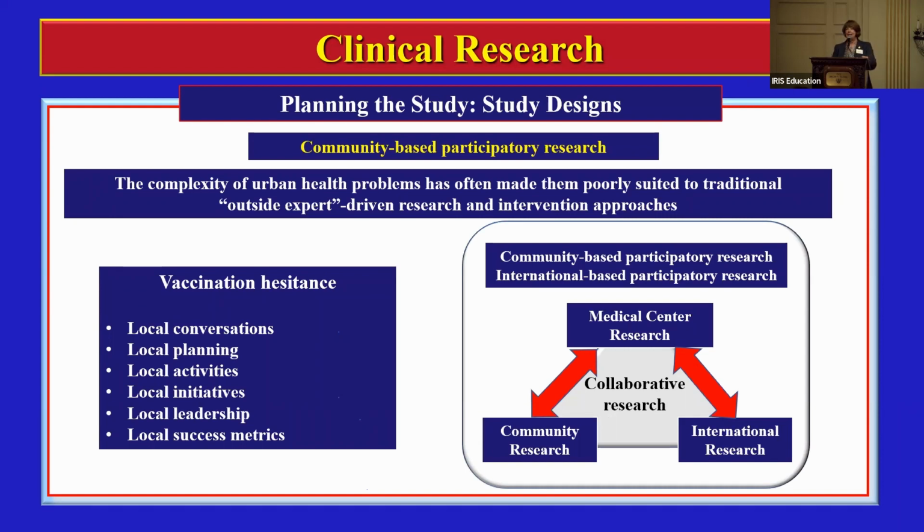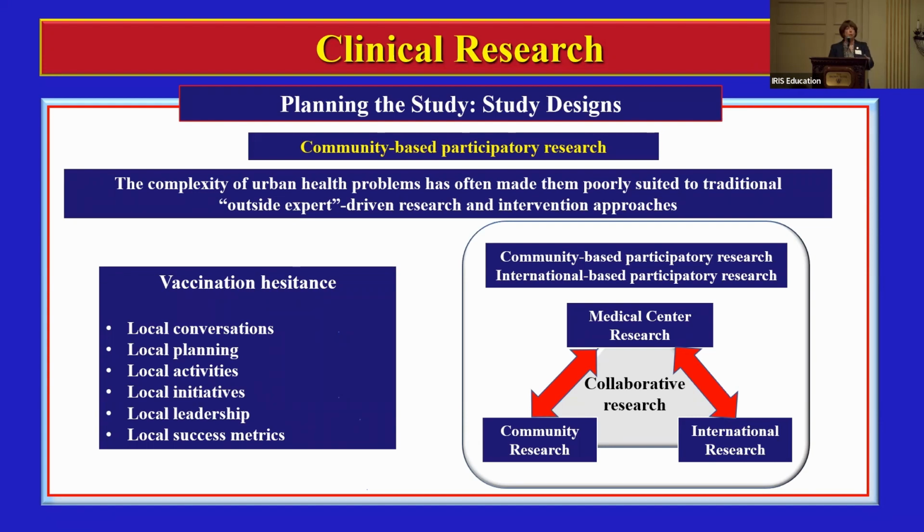I think in every publication I pick up, we're talking about how are we improving vaccination? How are we helping people understand the differences between primary series and booster, and how do we improve acceptance of vaccination? So if we're going to be looking at this from a community-based approach, we're going to be looking at vaccine hesitance and how we can begin to have local conversations.